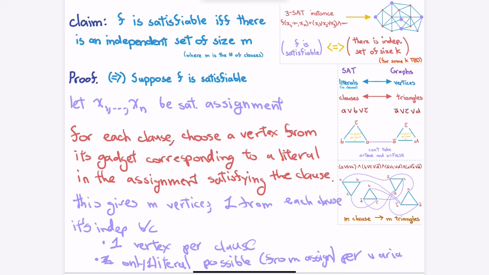Okay, my handwriting is just degenerating, but that's the idea. You start with a satisfying assignment, make explicit the m vertices, verify there's m of them, verify there's no edges between them, and then we're done. It's a little bit boring. This is more useful for the problems you didn't solve correctly.